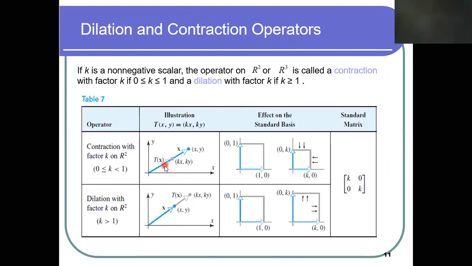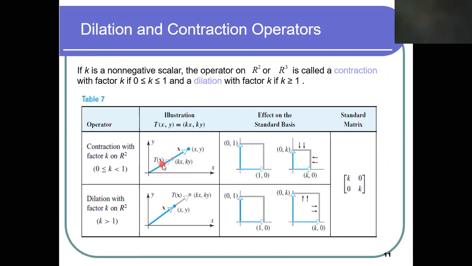If you see over here, this is a vector from this point to this. If you apply T of x on this, that vector will shrink and its length will decrease if k is between 0 and 1.